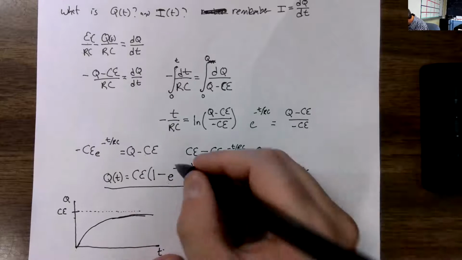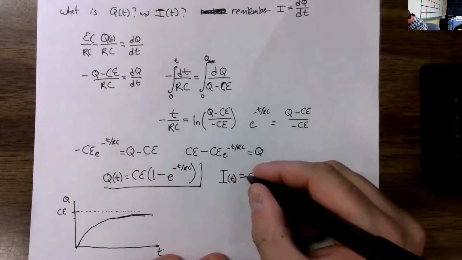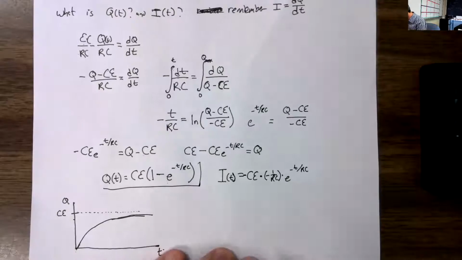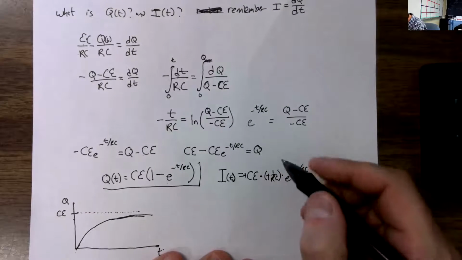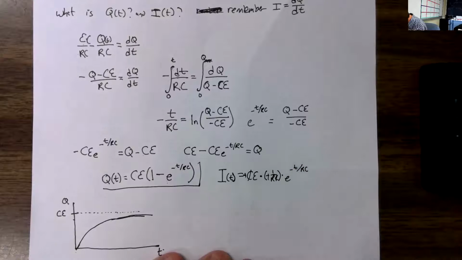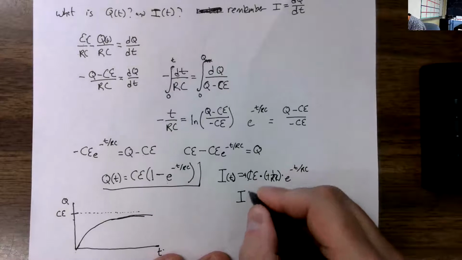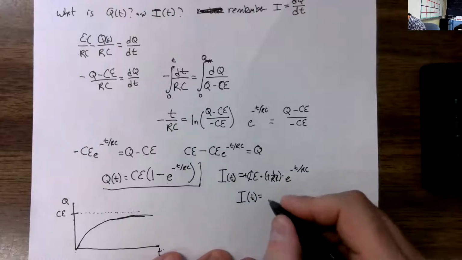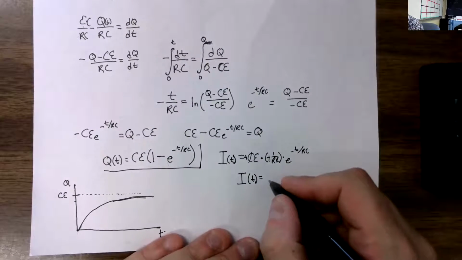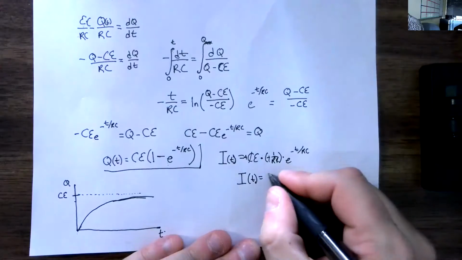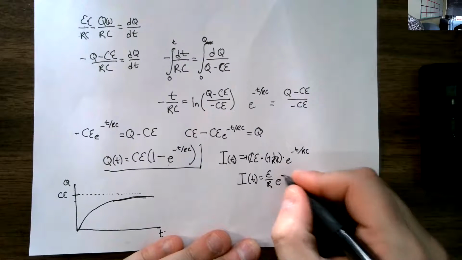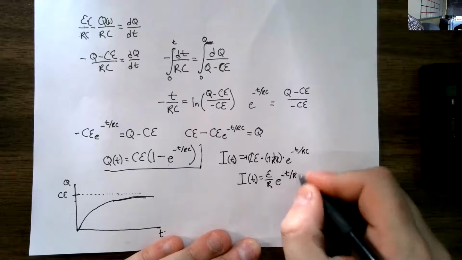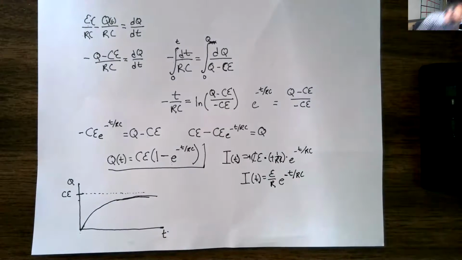And this is all negative as well, so we have another minus sign out front. So the minus signs cancel, and the C's cancel. So what we get for our current as a function of time is just E over R, EMF over R, times e to the minus t over RC.